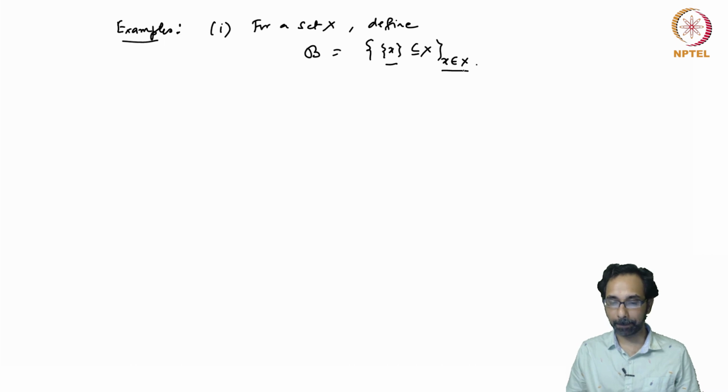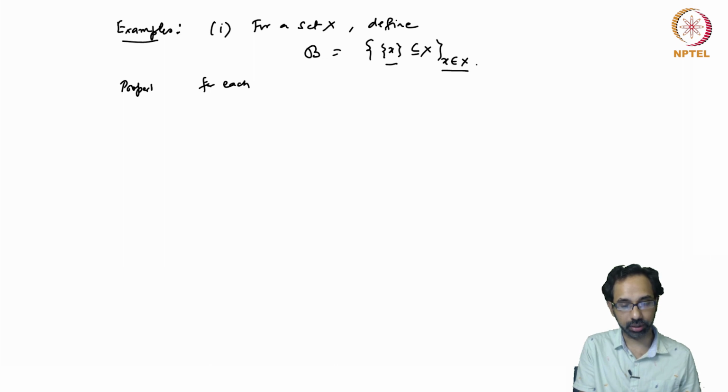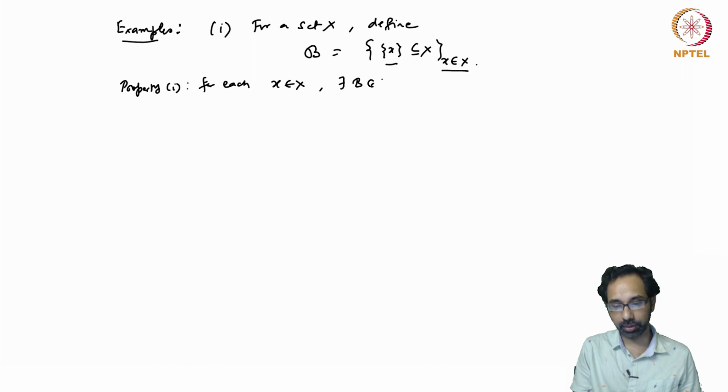And so this is a collection of subsets of X, and it is easy to show that this is indeed a basis. For example, property 1 of the definition of basis is that for each x in X, there exists a basis element B in the collection such that X is an element of this set B.